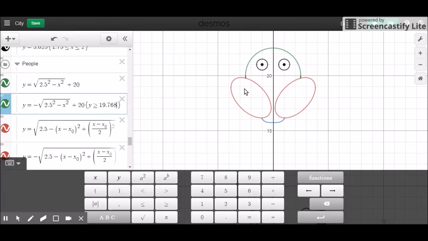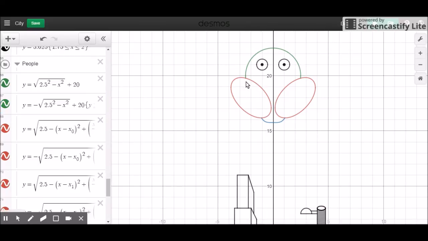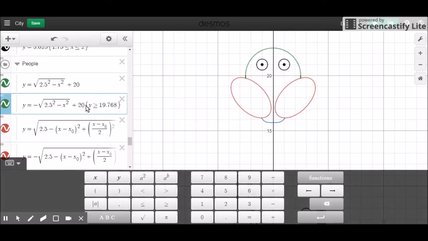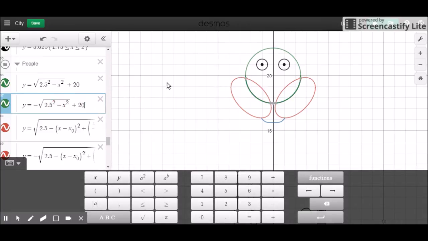I'm thinking about the shape that I want while I'm working on this. What is this point? Negative 2.489.